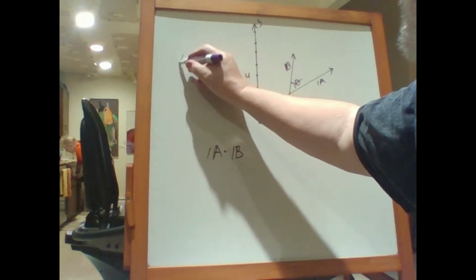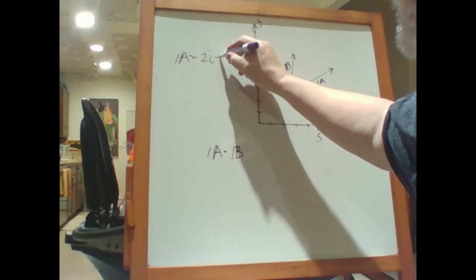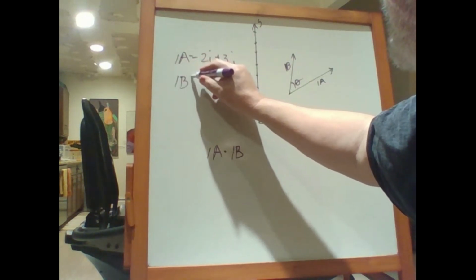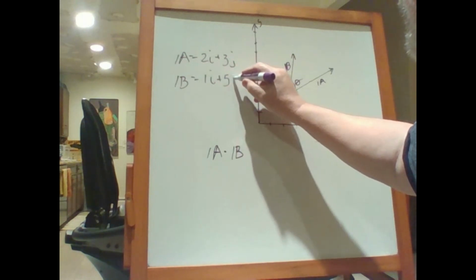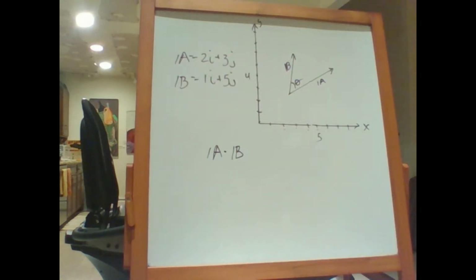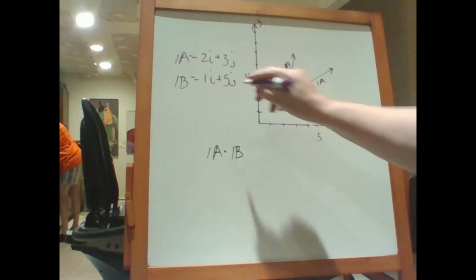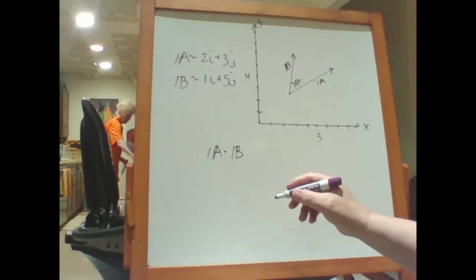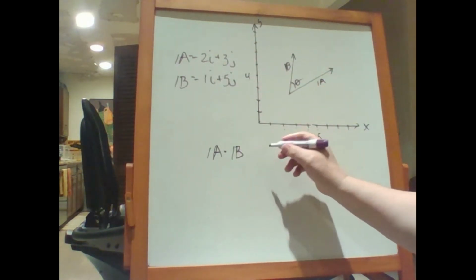And we have A is given by, let's say, 2i plus 3j, and B equals 1i plus 5j. Okay? Just for sake, don't look at the hash marks. This is just a given problem. Okay, A dot B, we take a look at the components. So we multiply only the same components.